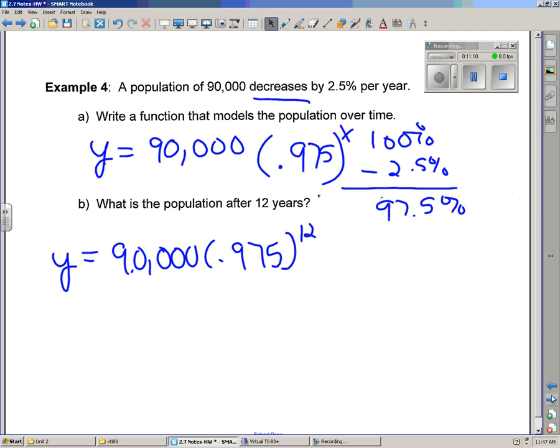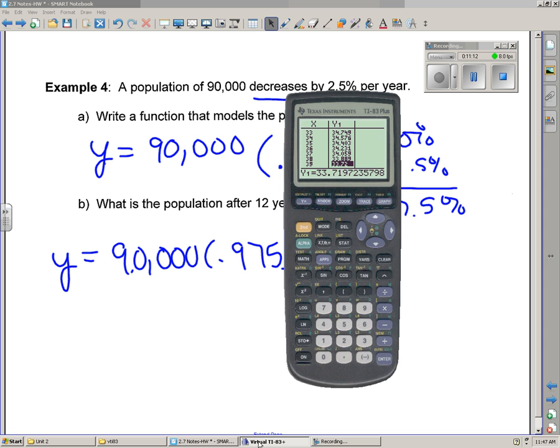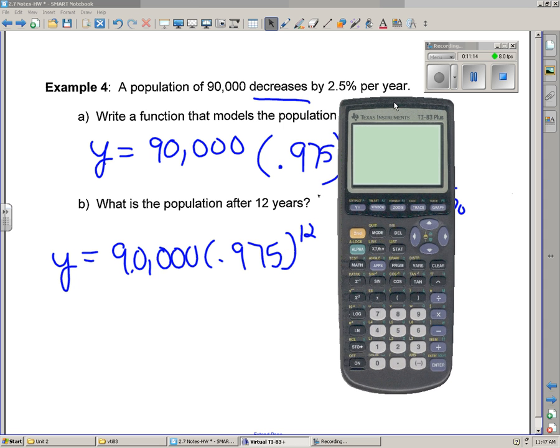We'll do this one on the home screen, not in the y equals. Again, it doesn't matter how you do it. You should be able to do it both ways. 90,000, parentheses, 0.975, parentheses, to the 12th year.